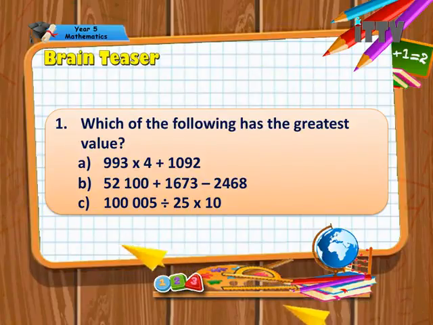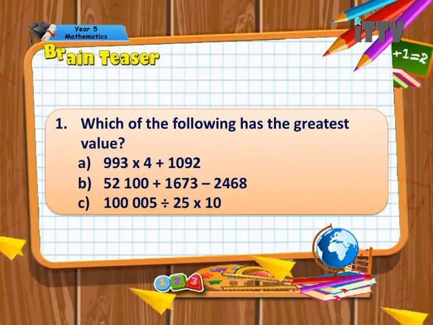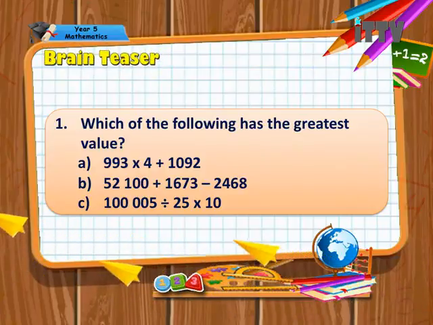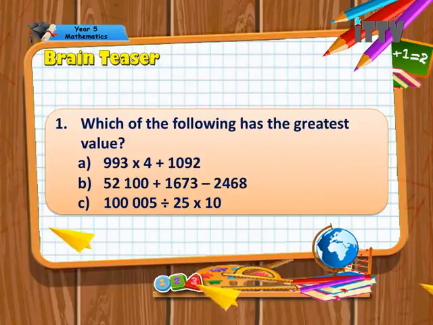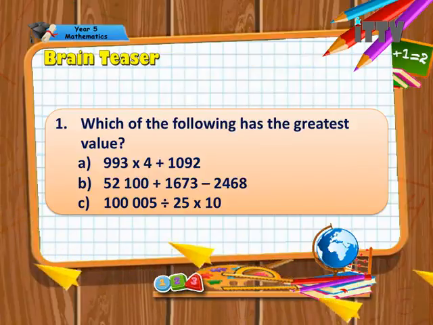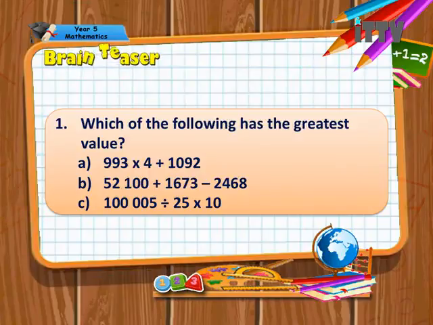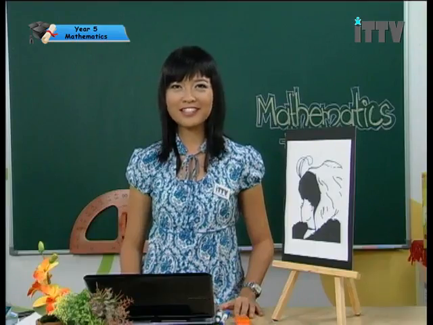B. 52,100 plus 1,673 minus 2,468. Or C. 100,005 divided by 25 times 10. Got the numbers already?